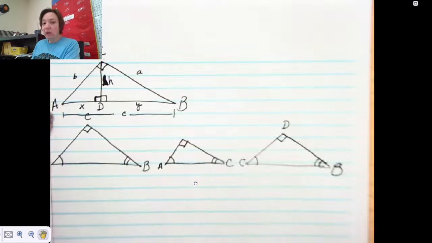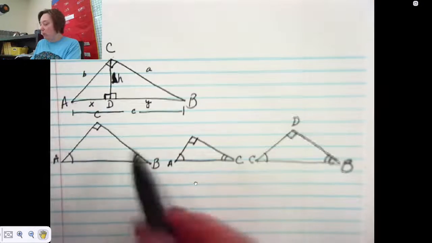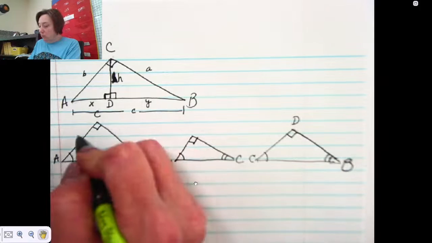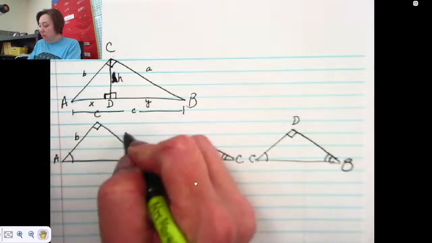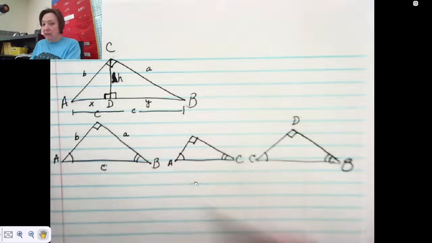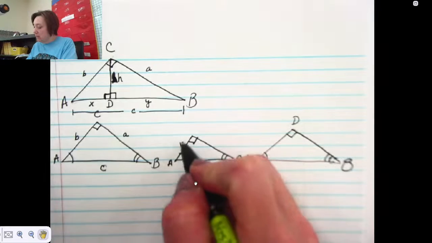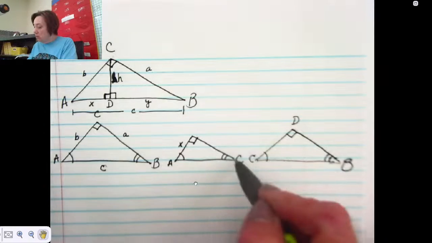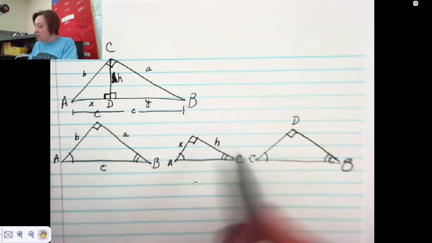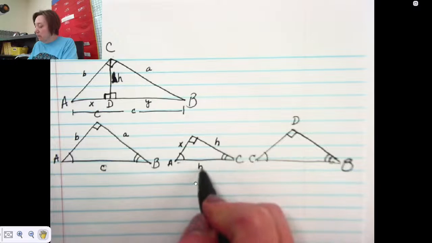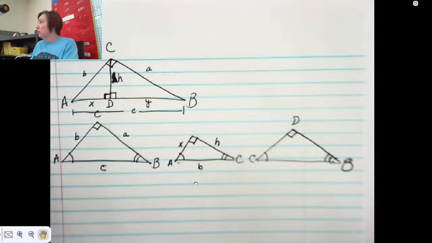H. Okay? So if we label our triangles we have pulled apart here, this is B, this is A, this is C. This little piece right here on our little triangle is X. This little piece is H. And this little piece is B. Y'all with me?